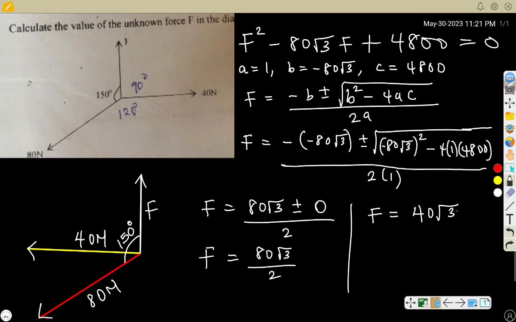So in exact form, F is 40 root 3 Newton. If you approximate, 40 root 3 is 69.28 Newton. That can be rounded to 69.3 Newton, which is the same answer as the first method. So that is it.